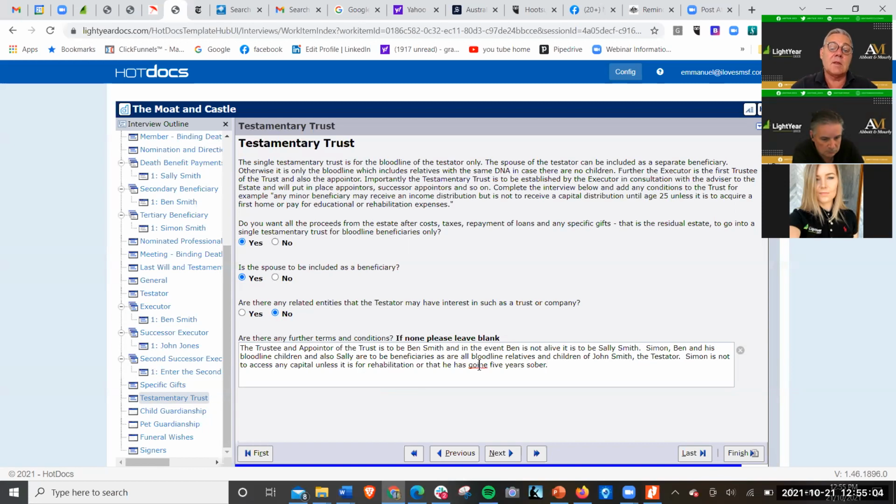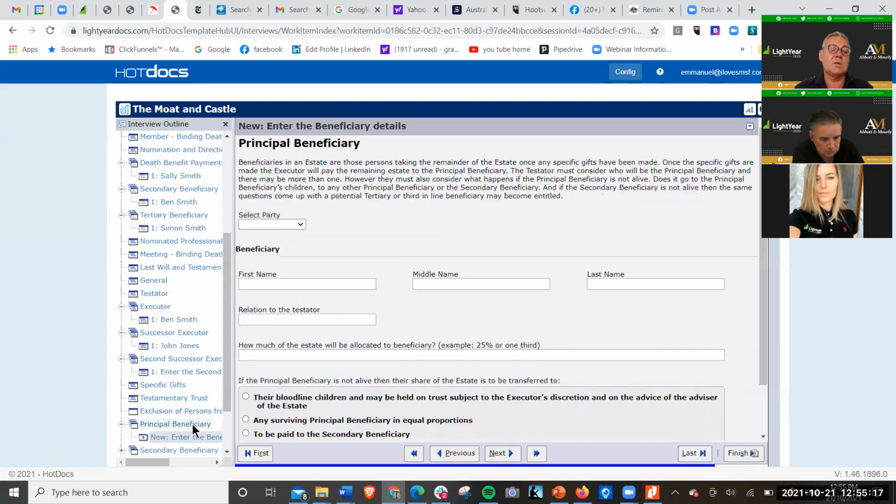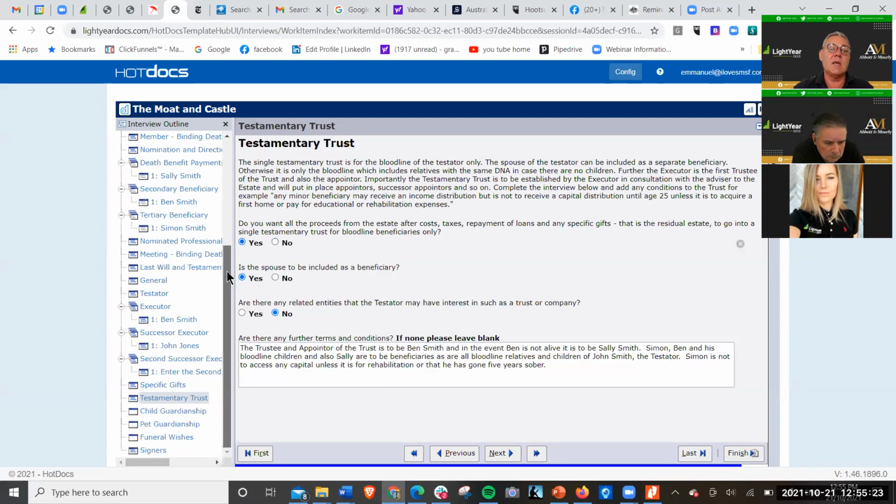When we have a look at that, that's a good strong testamentary trust that comes out. Now, if by doing that, if I go out and go no, then you can see what happens there is then I have to go through principal beneficiary and all that. But this is just a good catch-all testamentary trust that flows out that essentially Sally and the whole family will do.